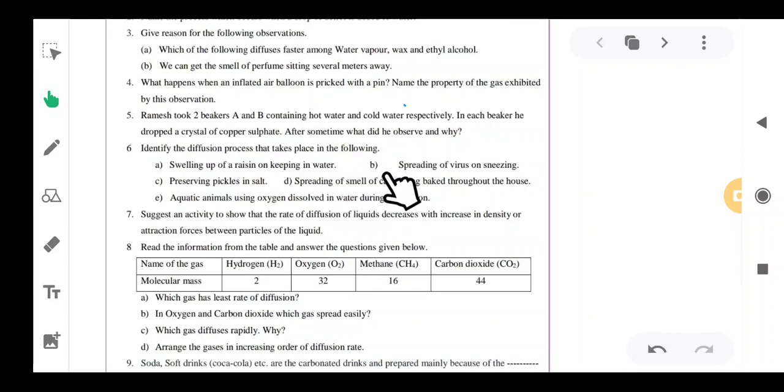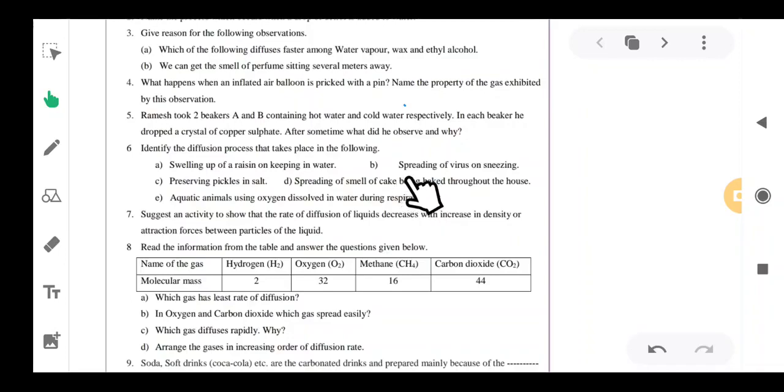Next B, spreading of virus on sneezing. What is sneezing? When you sneeze, what happens? The virus spreads. We are seeing this now in the Corona time; it spreads because of that. So when you sneeze, keep a kerchief or your elbow.